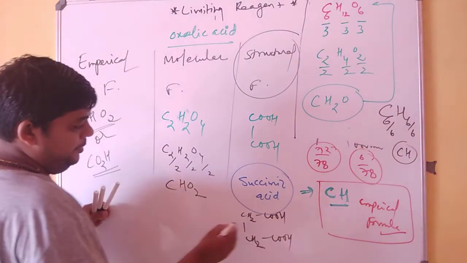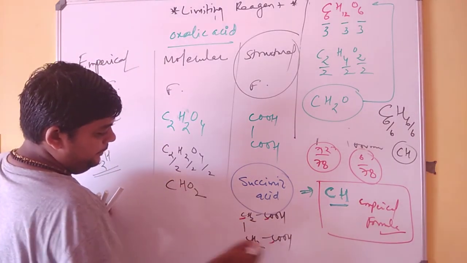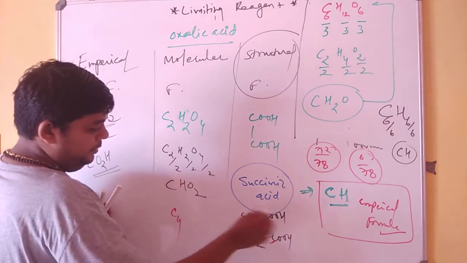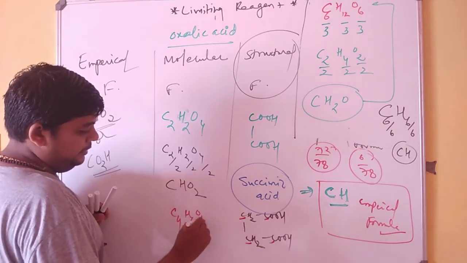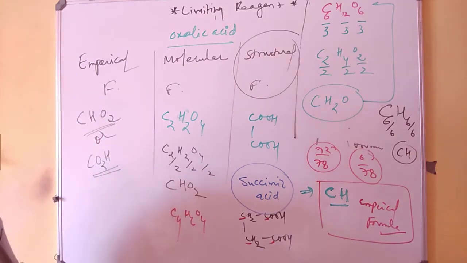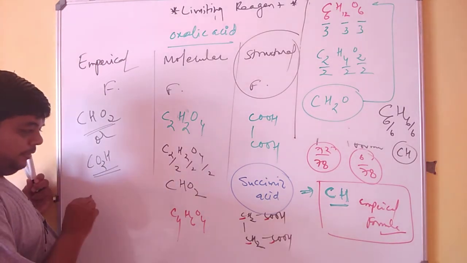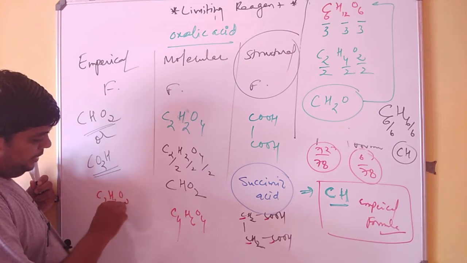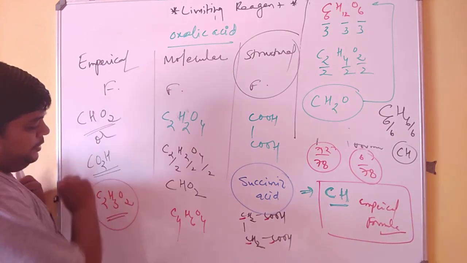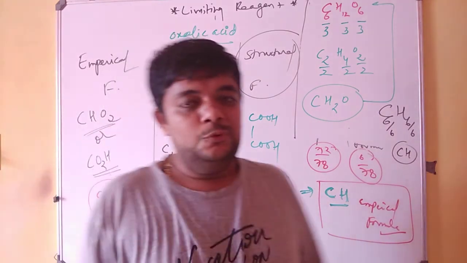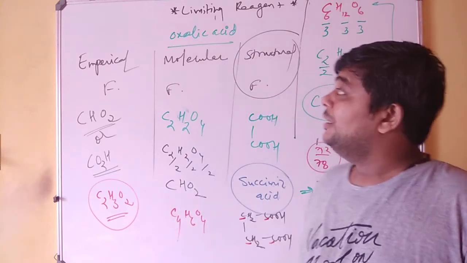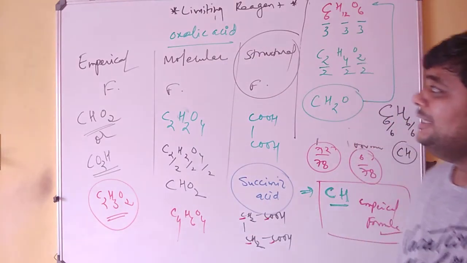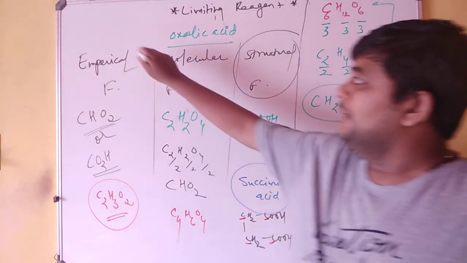So it will be C4H6O4 molecular formula. Let us go with the empirical formula. It will be C2H3O2. So this is how you can very easily learn empirical formula.